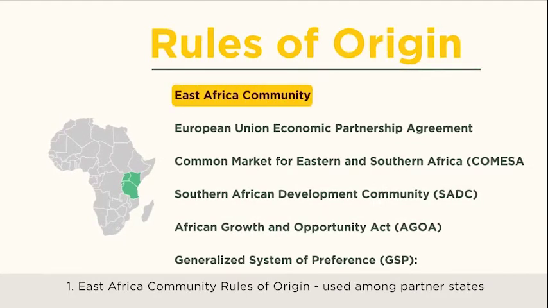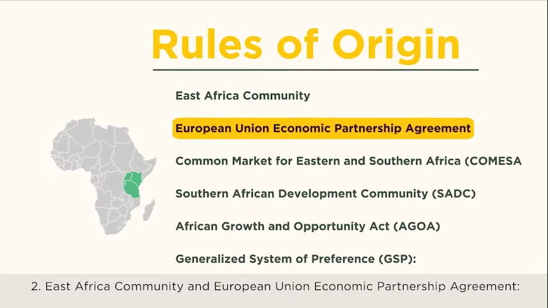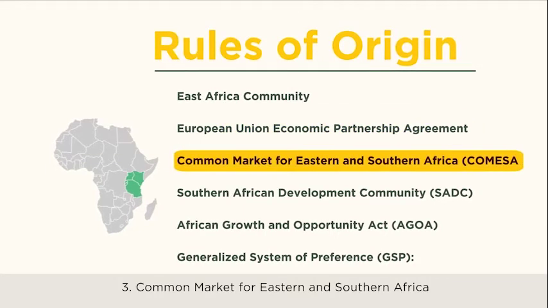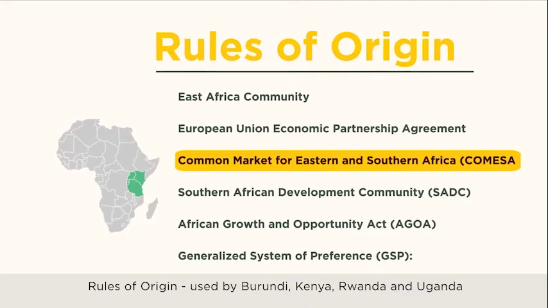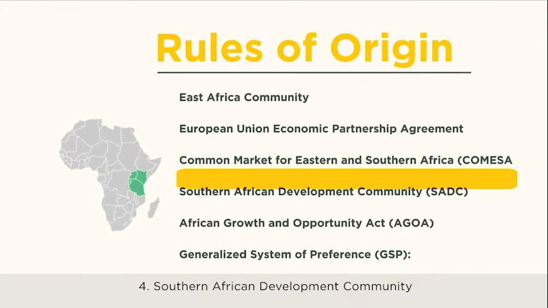1. East Africa Community Rules of Origin used among partner states. 2. East Africa Community and European Union Economic Partnership Agreement. 3. Common Market for Eastern and Southern Africa Rules of Origin used by Burundi, Kenya, Rwanda, and Uganda. 4.